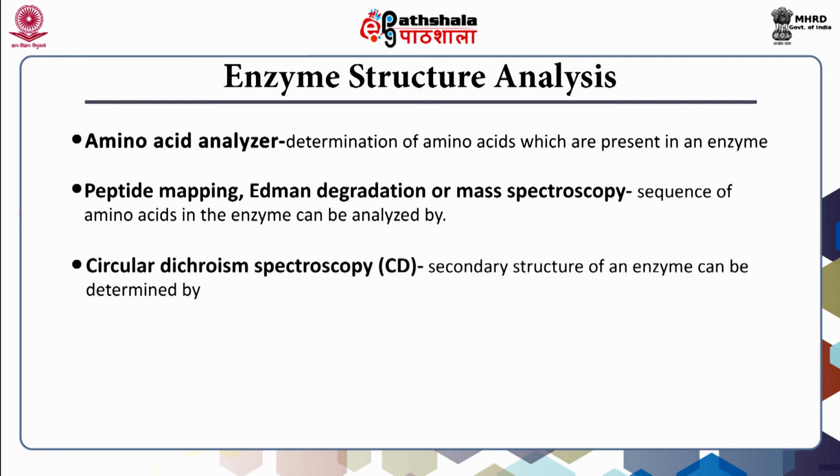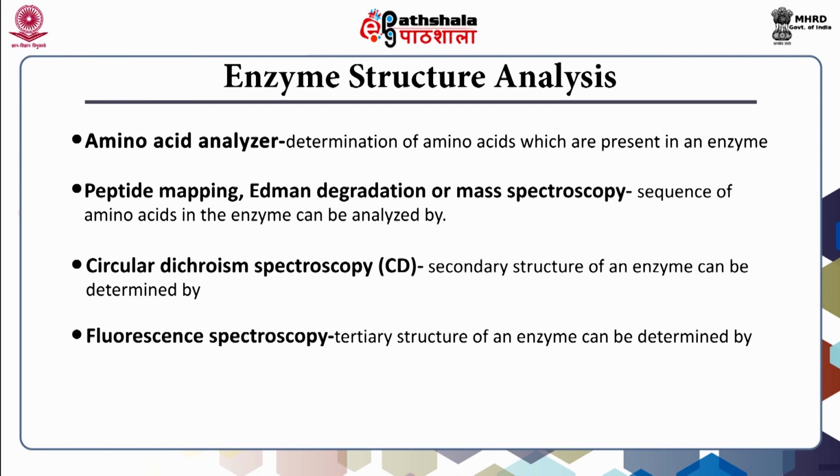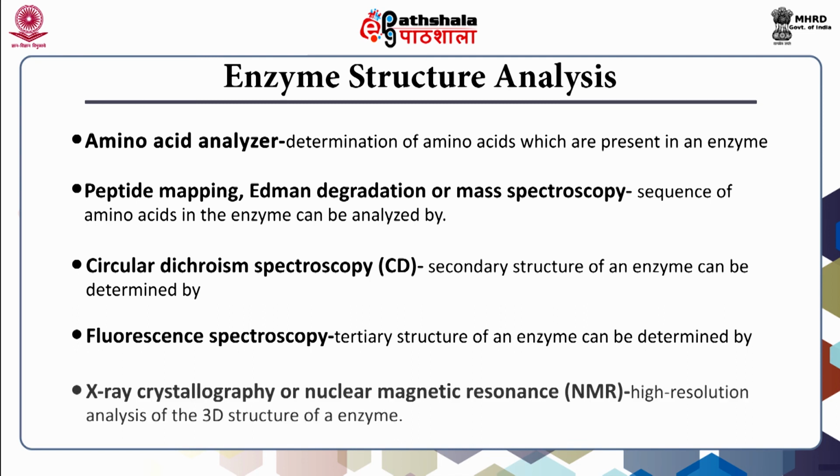The secondary structure of an enzyme can be determined by circular dichroism spectroscopy, which is CD. The tertiary structure can be determined by fluorescence spectroscopy. X-ray crystallography or nuclear magnetic resonance analysis can be used to obtain a high-resolution analysis of the 3D structure of an enzyme.